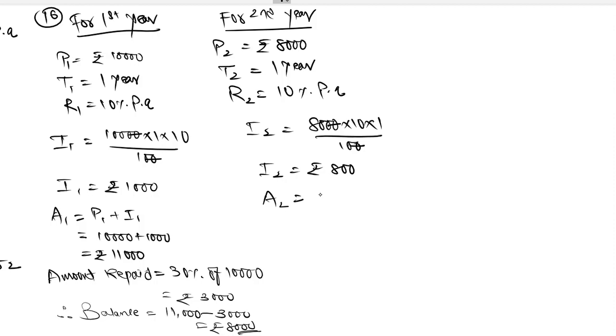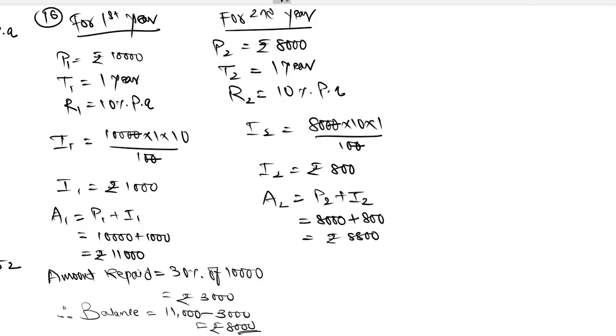A2 is P2 plus I2, 8,000 plus 800, rupees 8,800, that is amount at the end of second year.